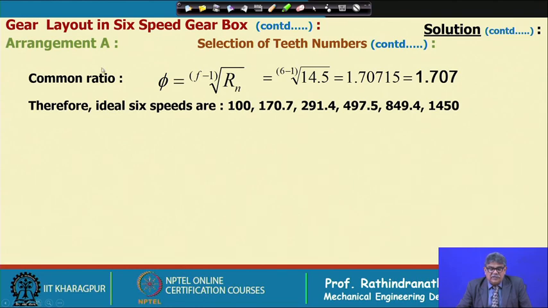Then we multiply the minimum with phi square, and we get 291.4. Next phi cube, 497.5, and then 100 multiplied by phi to the power 4 is 849.4. The last speed, phi to the power 5, is 1450.